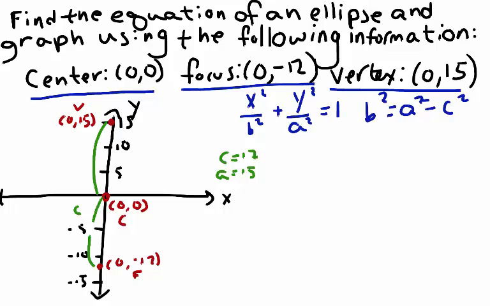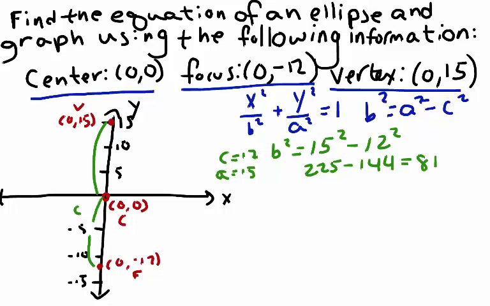Using this information, we can find a value for b. b squared equals a squared, which is 15 squared, minus c squared, which is 12 squared. 15 squared equals 225, minus 12 squared, which is 144. 225 minus 144 equals 81.